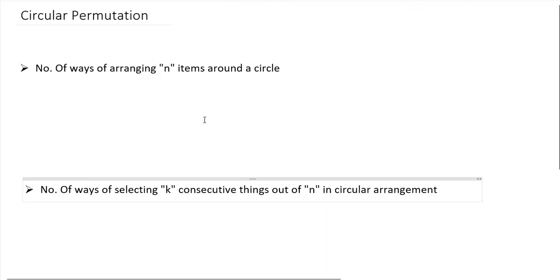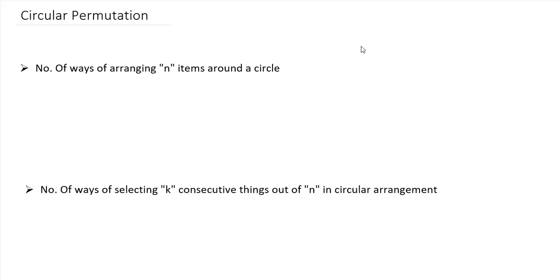Let us now understand the concept of circular permutation. In this we'll understand two important formulas: the number of ways of arranging n items around a circle, and the number of ways of selecting k consecutive things out of n in a circular arrangement. Now in linear arrangement, we had one start point and one end point. We had some reference. But in a circular arrangement, suppose I want to place 4 people along a circle.